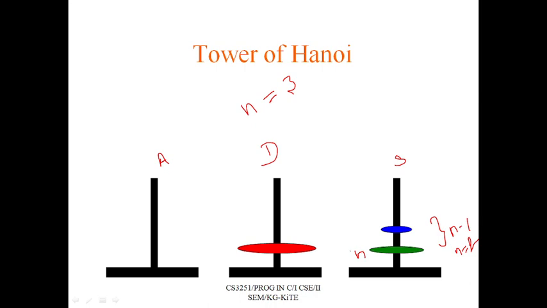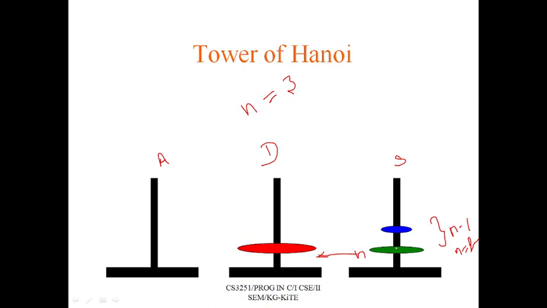We need to move this nth disk to the destination. When you try to move it, there is one more disk on top of this particular disk. So we need to move this n minus 1 disk to the auxiliary, then this nth disk to the destination. I'm moving this green disk, the nth disk, to the destination.